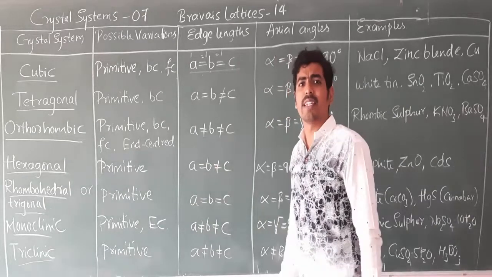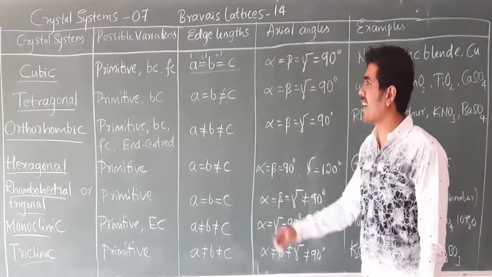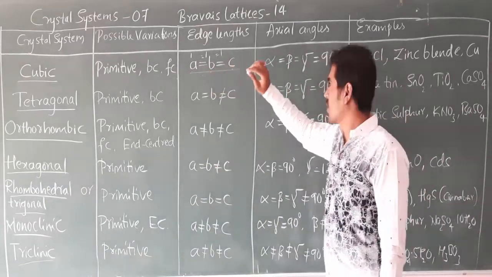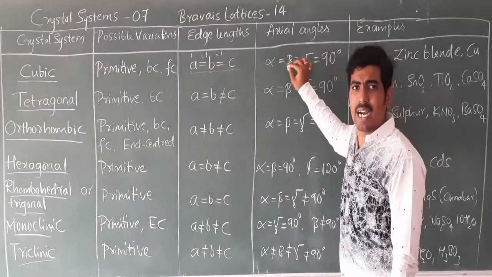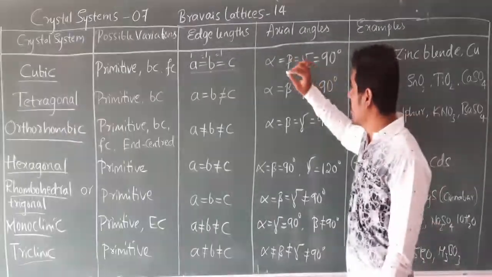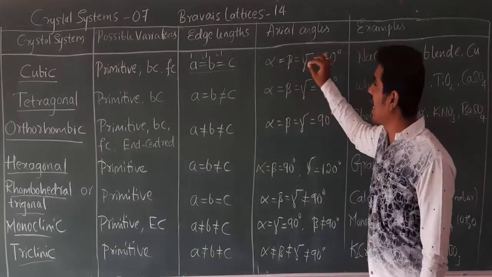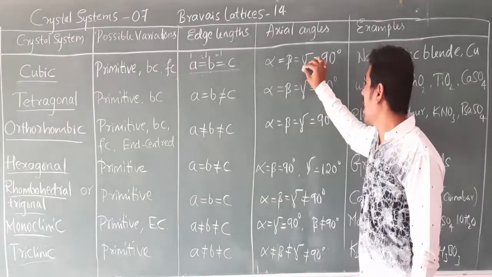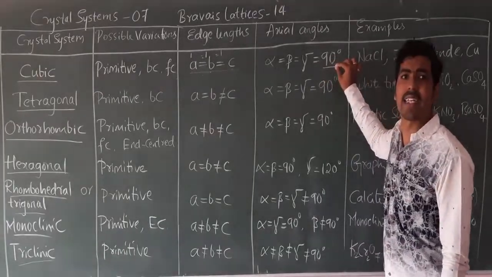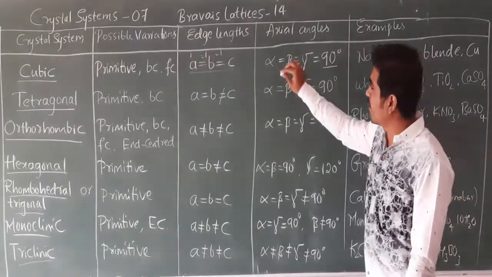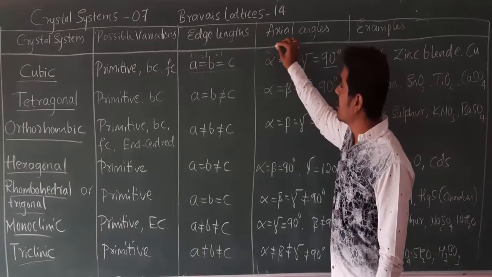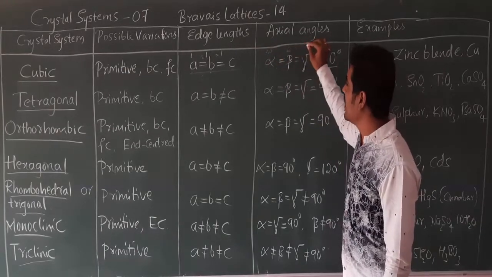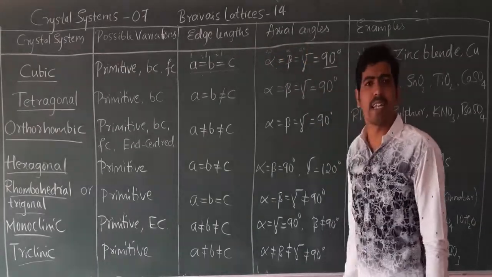Then what about the axial angles, that is, the angles between the edges? Those are alpha, beta and gamma. Here alpha, beta and gamma are all equal to each other and all have the value 90 degrees. Alpha is 90 degrees, beta is 90 degrees, gamma is 90 degrees.